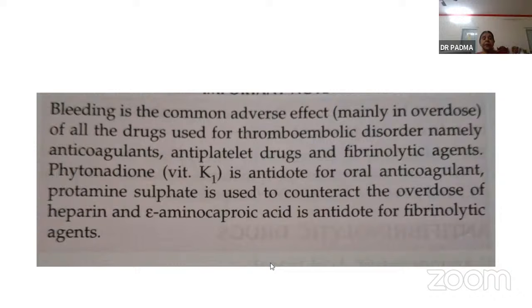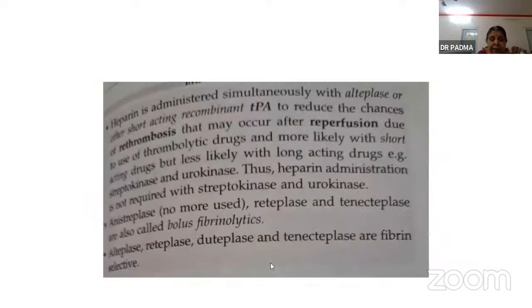And protamine sulfate is used to counteract the overdose of heparin, and EACA, epsilon aminocaproic acid, for fibrinolytic therapy. That is the ones I told you in the previous slide. Now, most of the times in acute MI, we see that both fibrinolytics and anticoagulants are administered. So heparin is administered simultaneously with alteplase or other short-acting TPA to reduce the chances of rethrombosis after reperfusion, and there is restenosis very commonly.